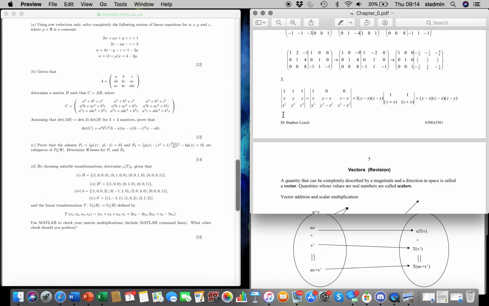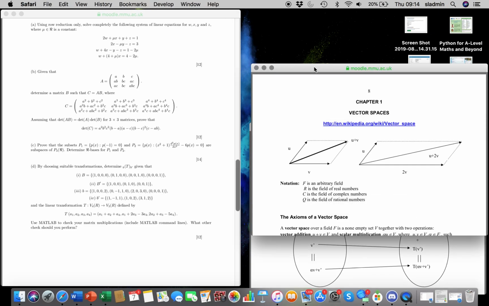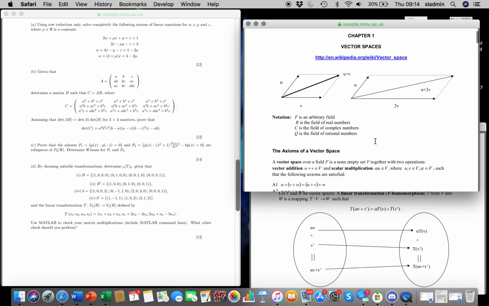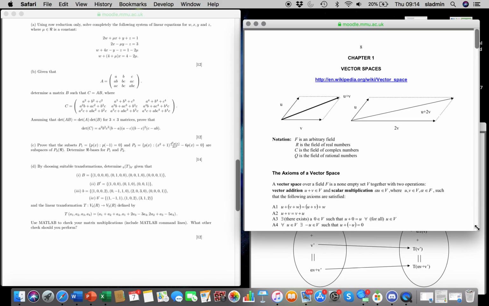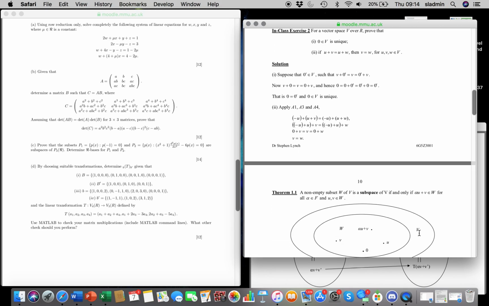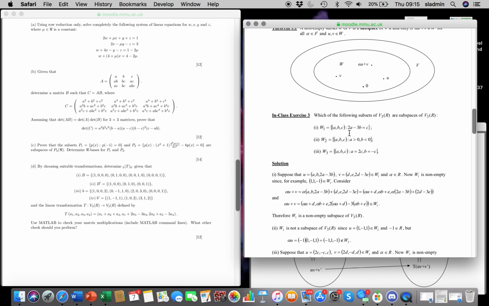Okay, question 1c is to do with vector spaces. This is from chapter 1, and we need to prove that the following subsets are subspaces. Again, we've done a number of examples. A subspace is defined on page 10, and then there are a number of examples here where we prove that, in this case, W1 and W3 are non-empty subspaces.